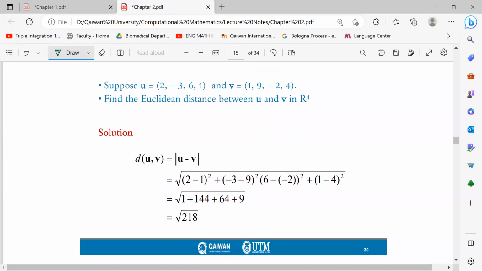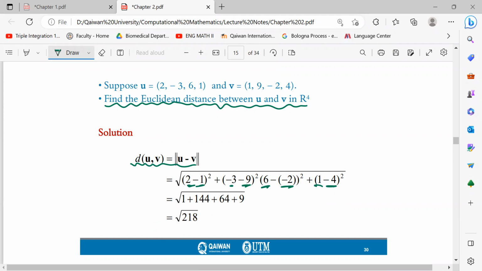We now have these two vectors actually. It says find the Euclidean distance between U and V. That's easy. The distance of U and V is U minus V, all squared, and we get the square root of 218.